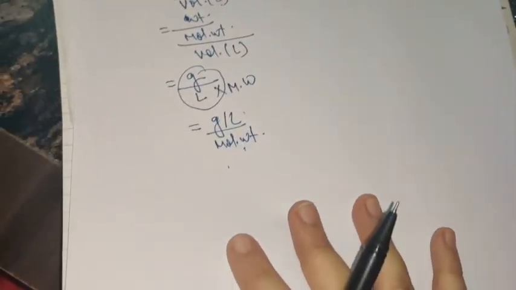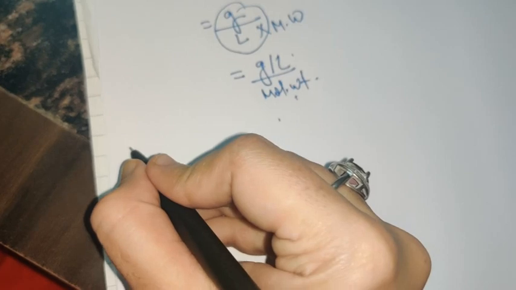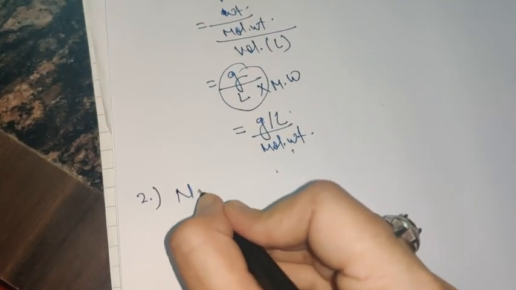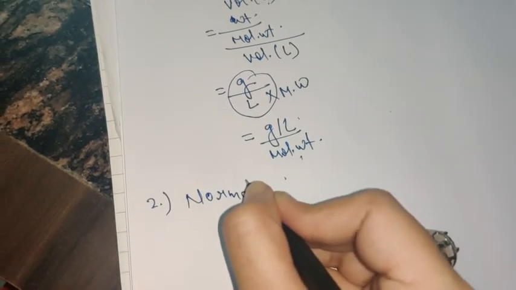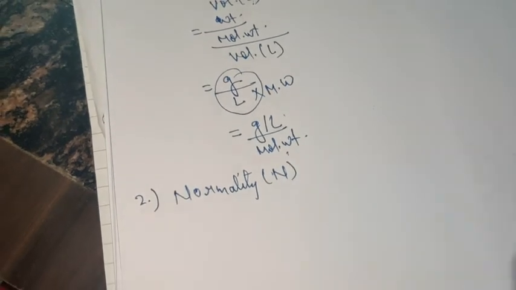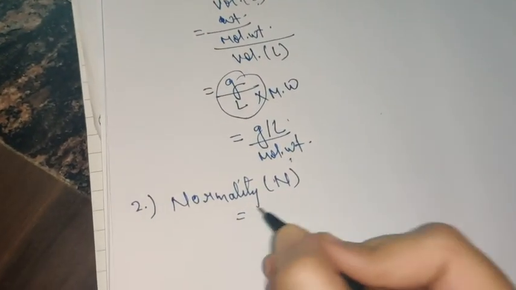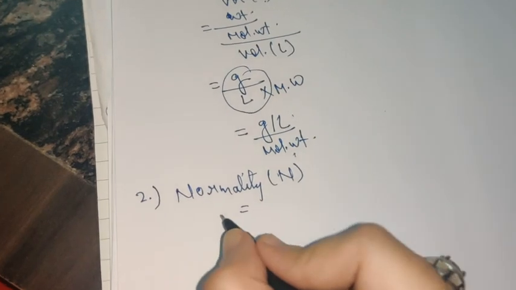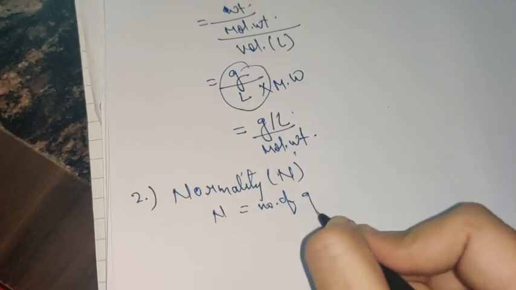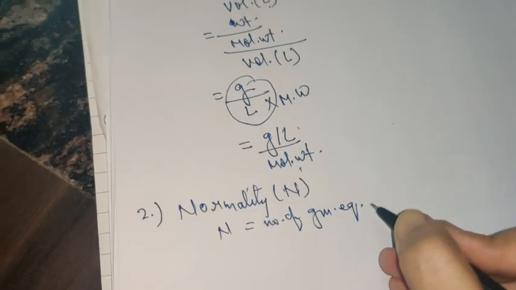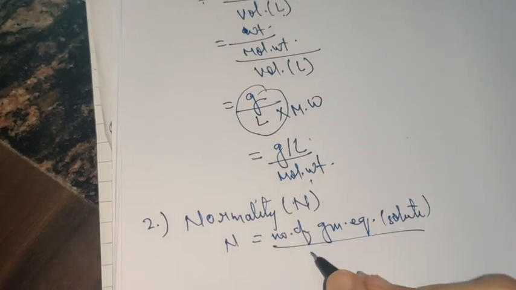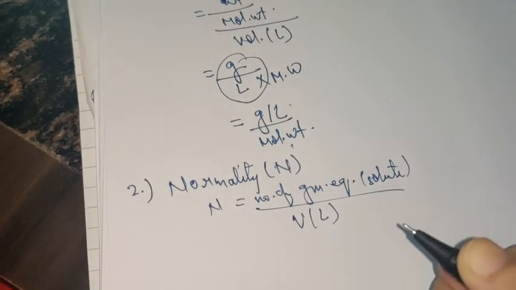Now the second concentration term is normality. Normality is indicated by N, and this is equal to the number of gram equivalents of solute, everything of solute in the numerator, upon volume of solution in liter.